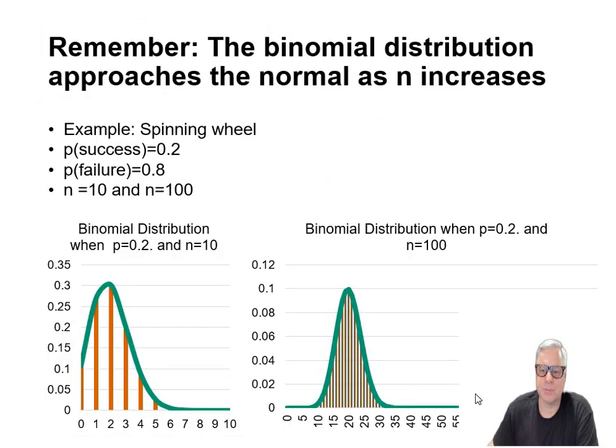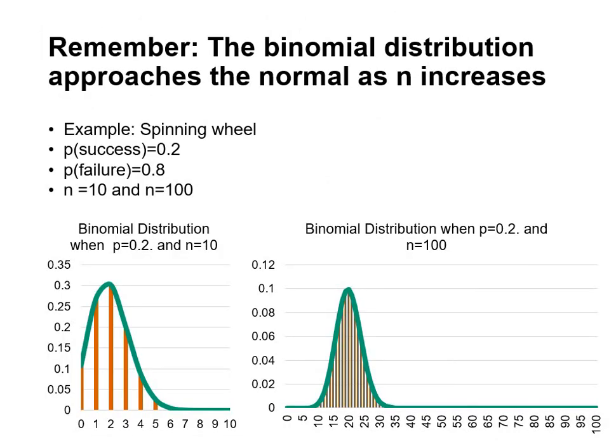Let's start again by remembering a binomial variable, something that can only have values of 0 and 1, like a coin flip or the spinning wheel example. If you spin a wheel, there's a 20% chance that you win something, and an 80% chance that you lose something. Here you see two distributions.